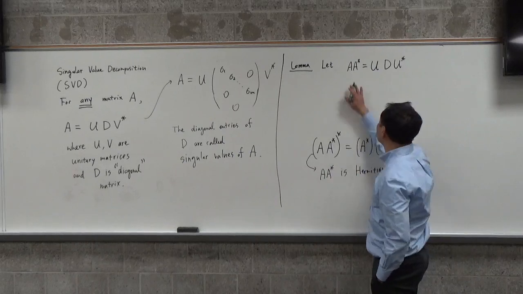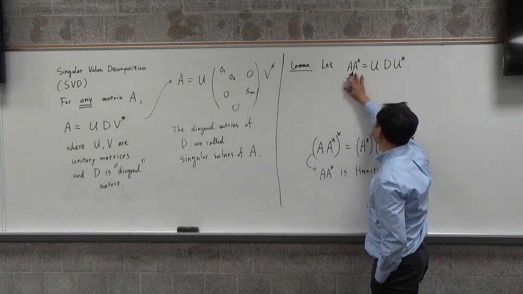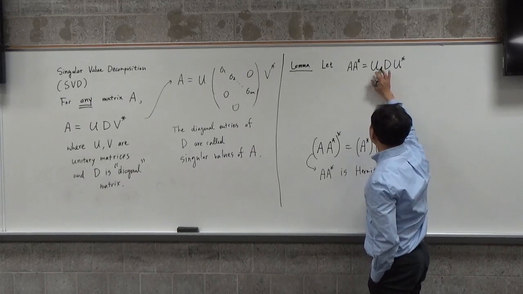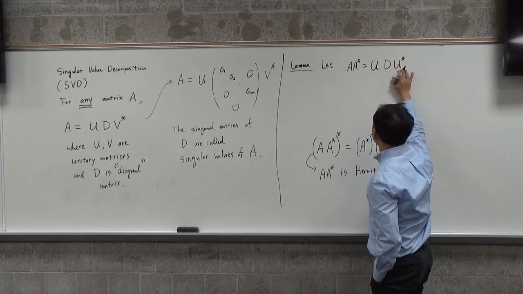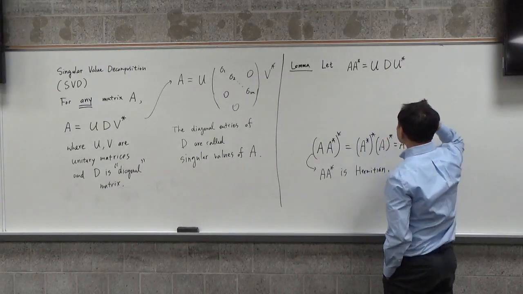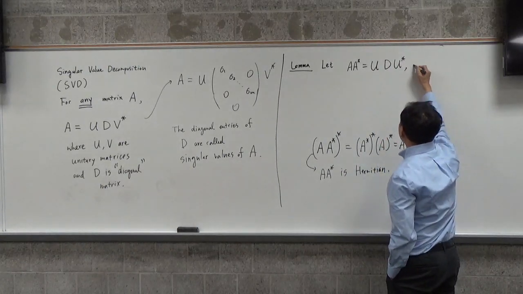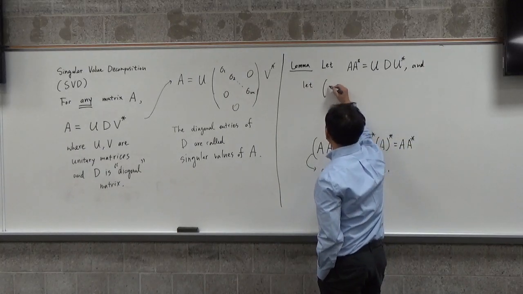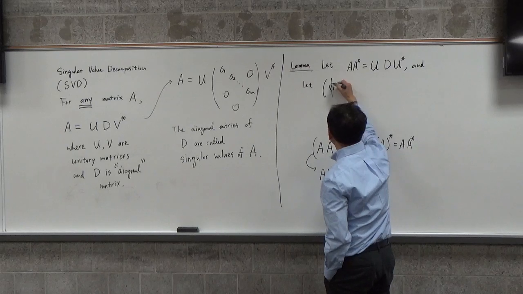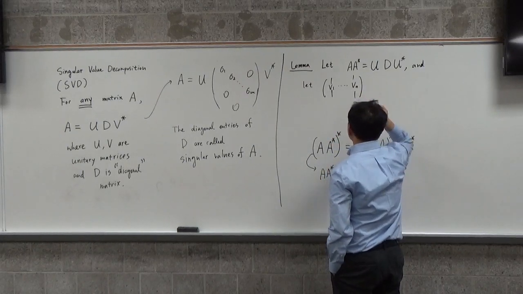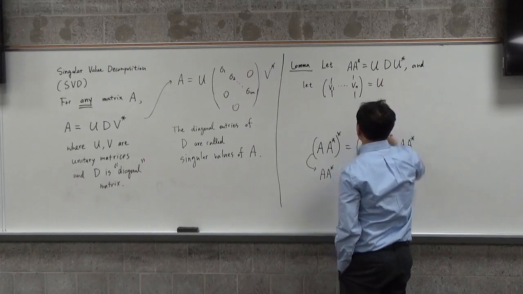Since this is Hermitian, the spectral theorem says you can write this as a unitary times diagonal and the previous unitary star. Okay, that's the spectral theorem. And let V1 through Vn be the columns of U.